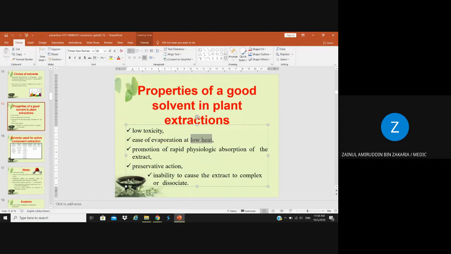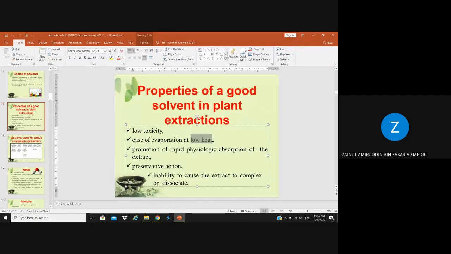Then inability to cause the extract to complex or dissociate. So it can prevent the extract from dissociating, denaturing, or forming a complex with other compounds.